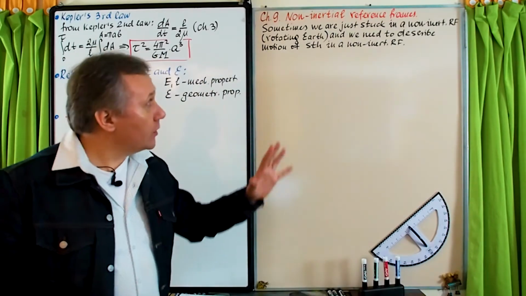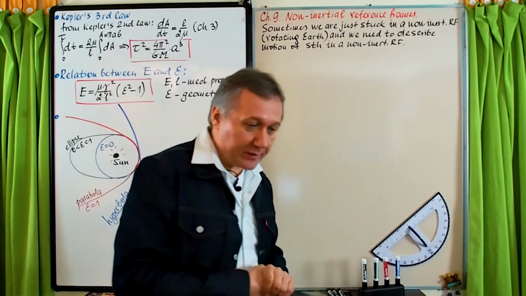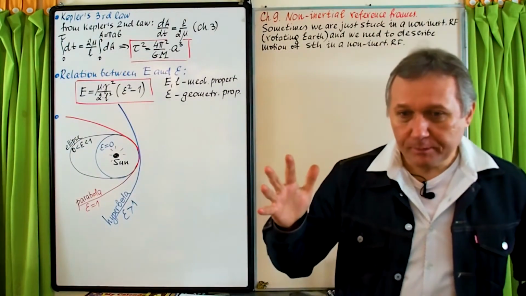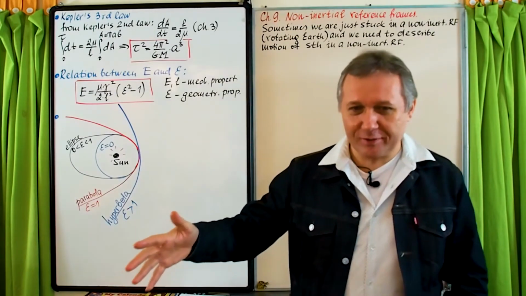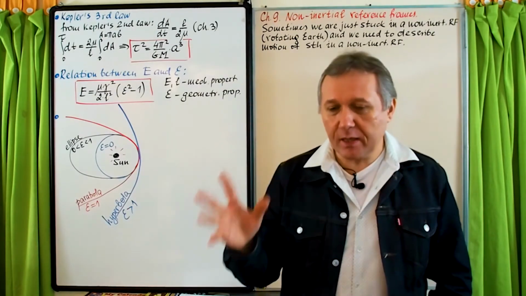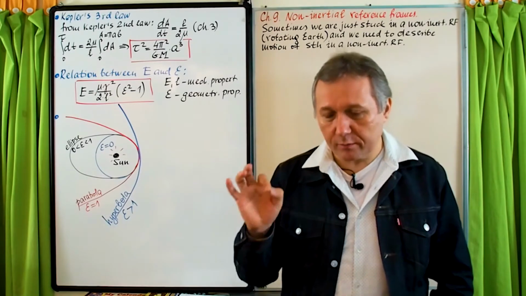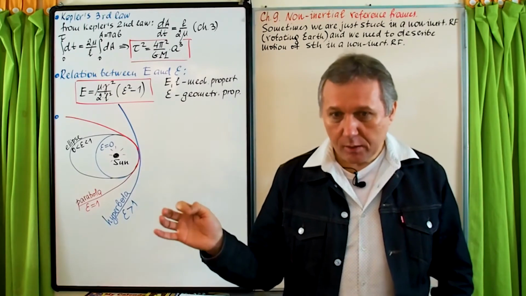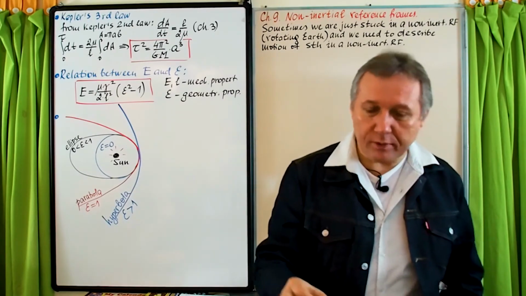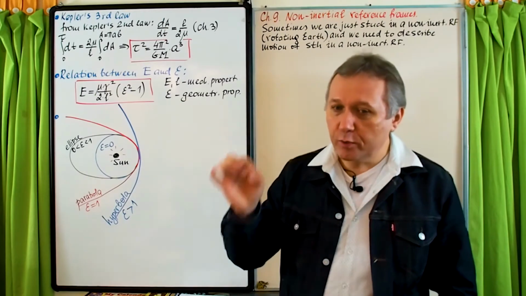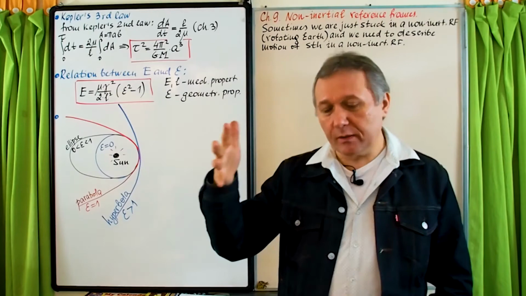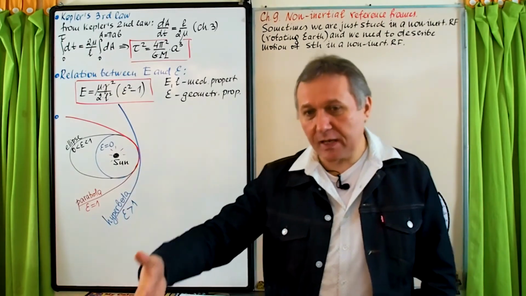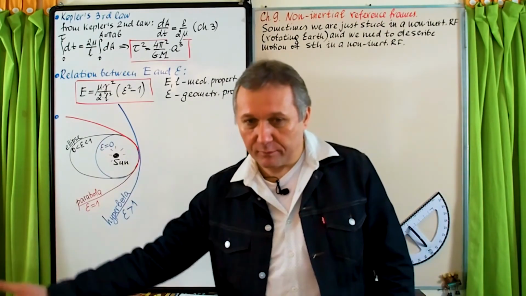So anyway, non-inertial reference frames. Basically, up to this point, in all problems, in all chapters, in all examples, every time we used an inertial reference frame. Why? Because only in inertial reference frames can we use Newton's second law in that nice simple form: a net force acting on an object with mass m leads to acceleration a of that object.